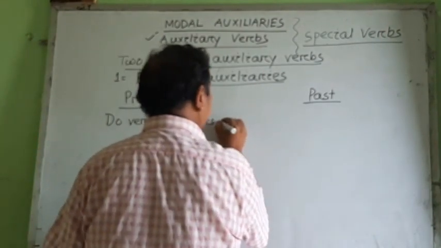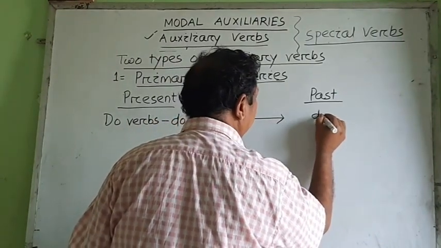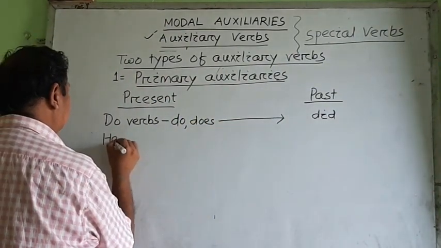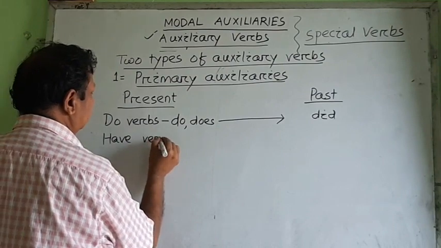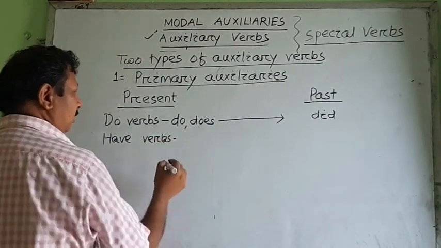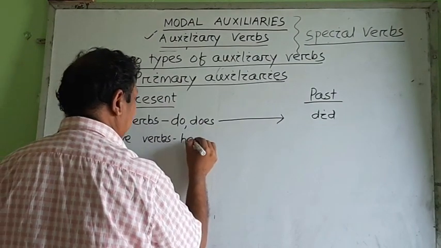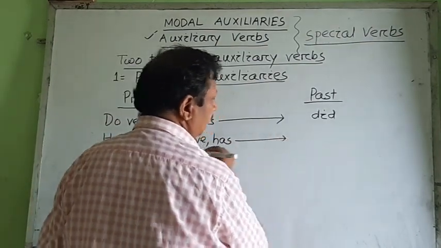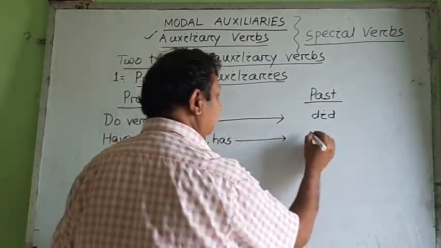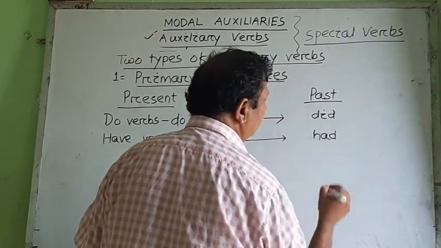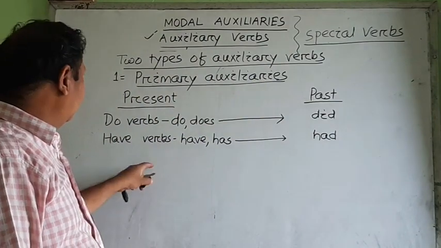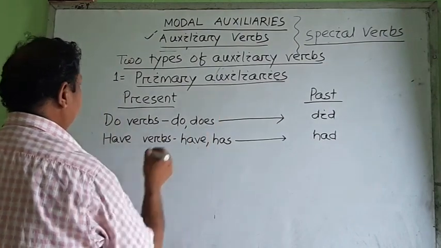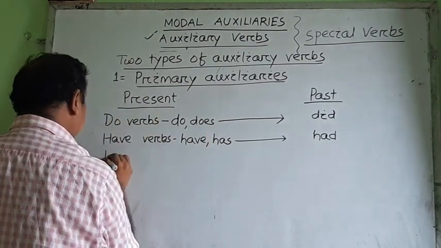But in case of past, it becomes did. Then come the have verbs. What are the present forms of have verbs? Have and has. And its past form is had. Then the others are be verbs.